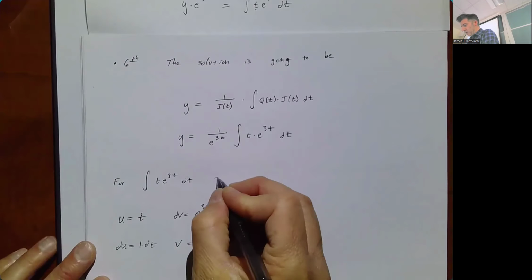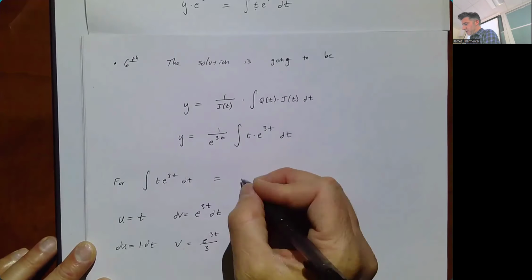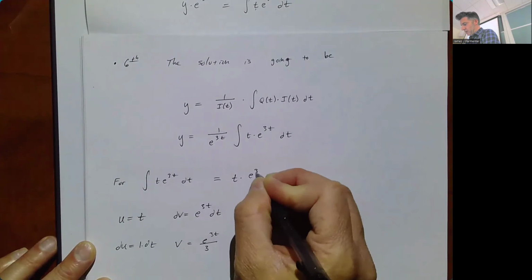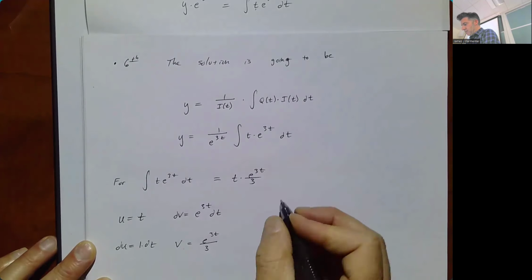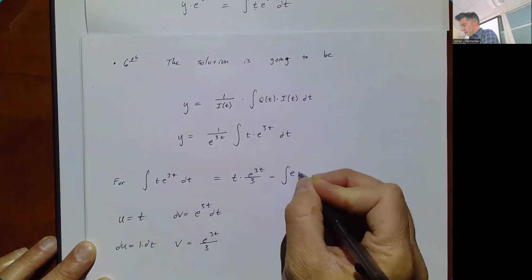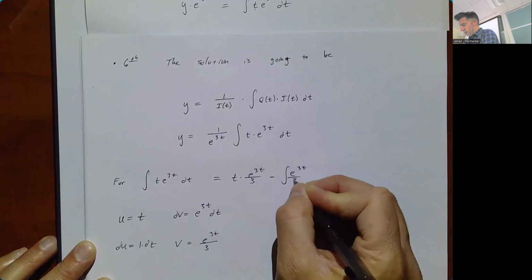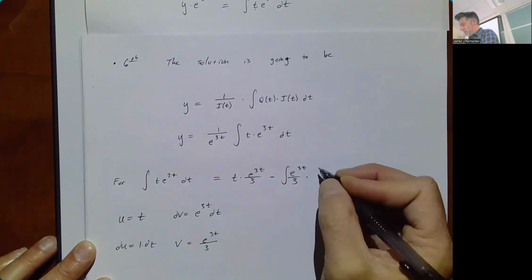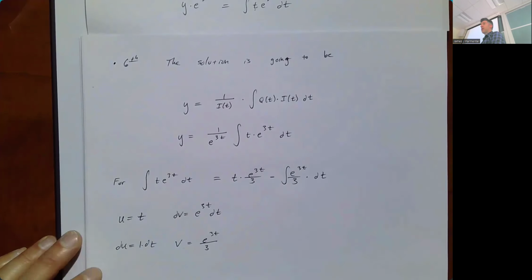So then this ends up equaling u times v, so t times e to the 3t divided by 3, minus the integral of v du, which is e to the 3t divided by 3 times 1 times dt.